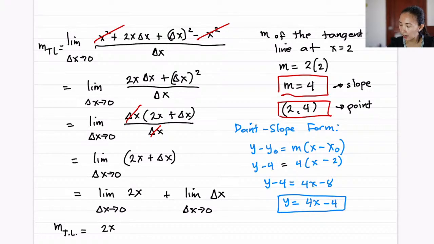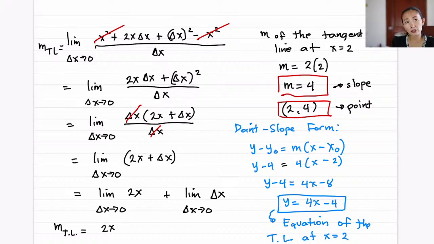So this is the equation of the tangent line at x equal to 2. I have to specify because if I would ask you to find the equation of the line tangent to the curve y equal to x squared at x equal to 1, iba pa rin yun.